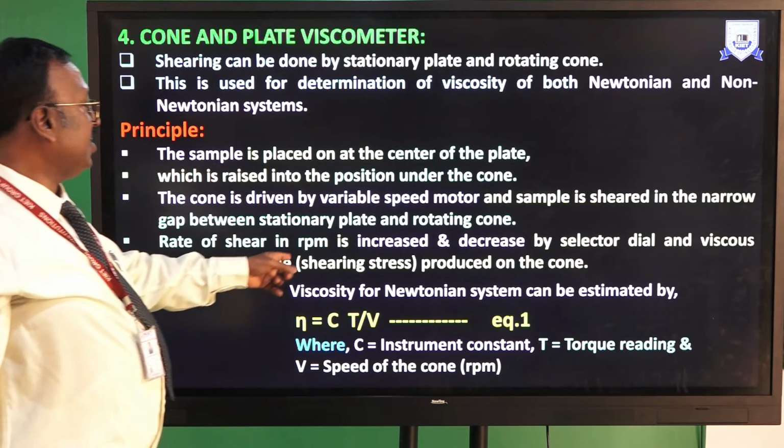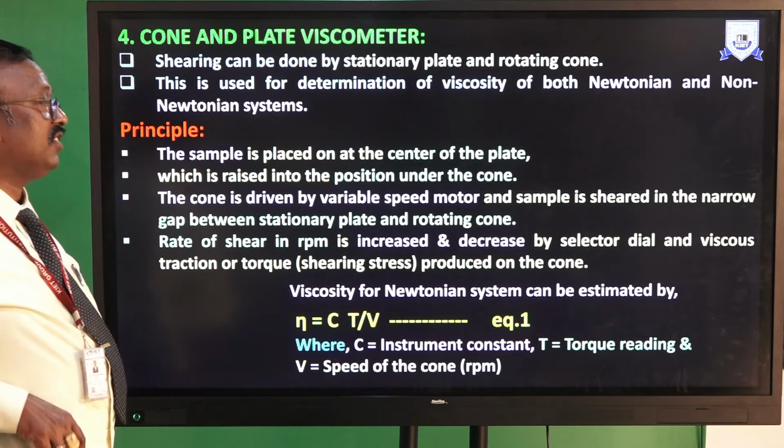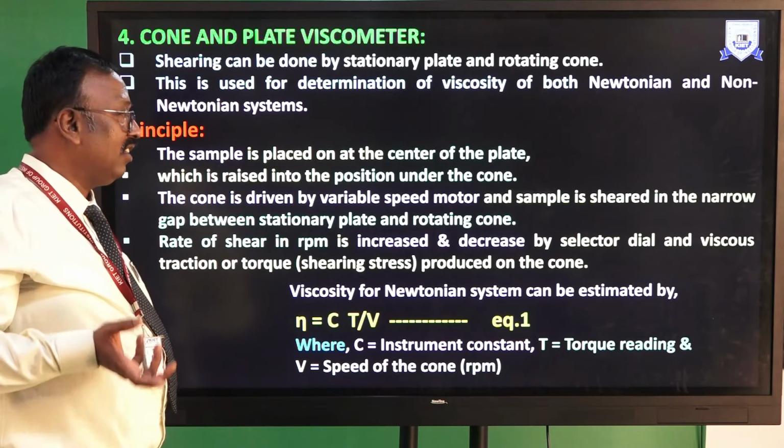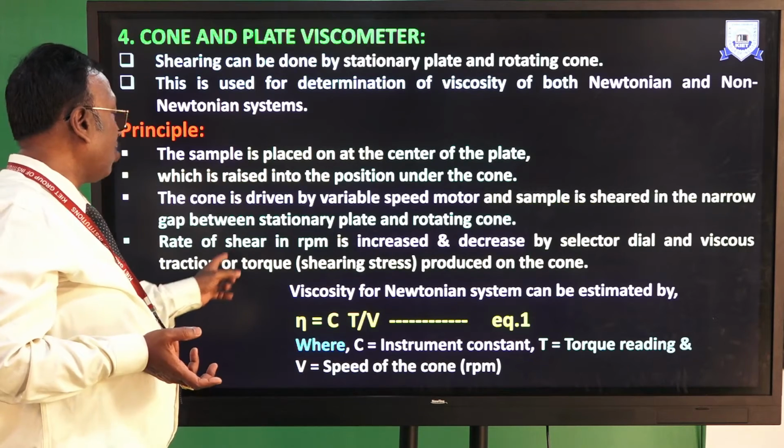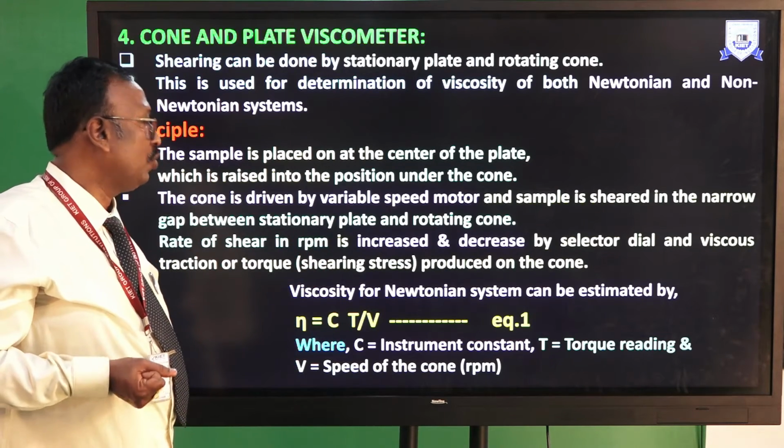The rate of shear, the RPM, revolutions per minute, is increased or decreased by the selector dial, and viscous traction, or torque value, or shearing stress, we can say, is produced on the cone.